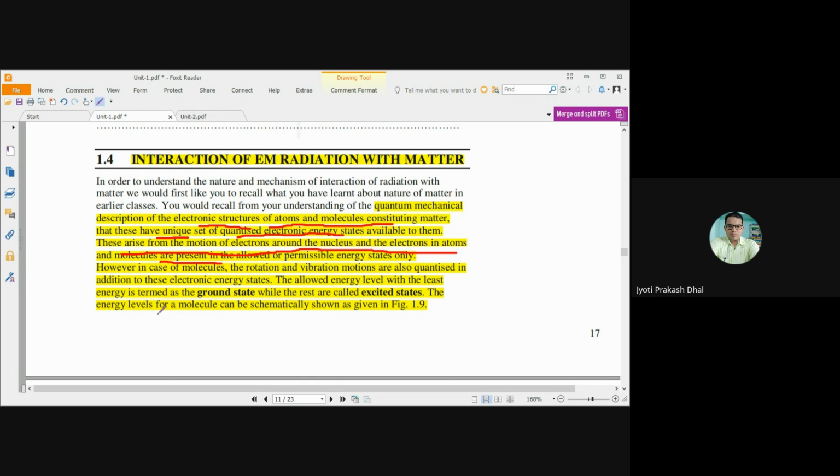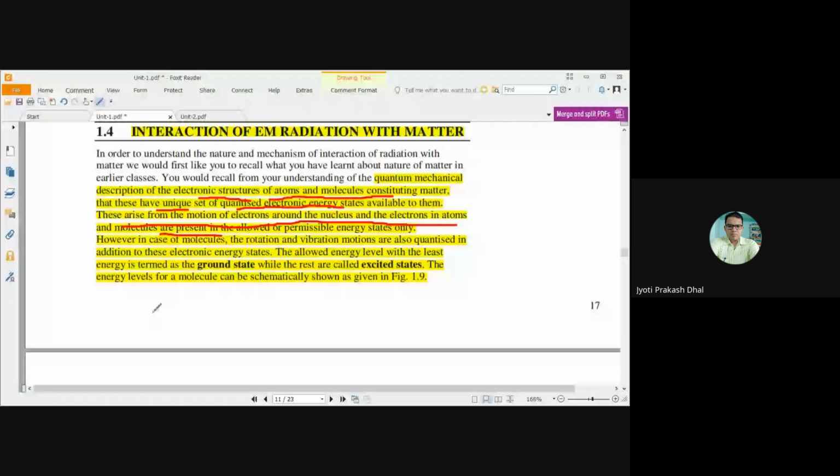That means if you consider a single atom, the different electrons are present in different energy levels, and if you consider a molecule, the different electrons are also present in different energy levels, but the energy levels of a molecule are quite complex compared to those of an isolated atom. In a molecule, rotational and vibrational motions are also there, and they are also quantized.